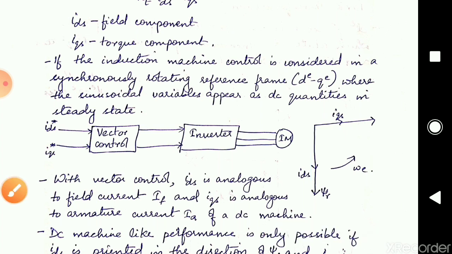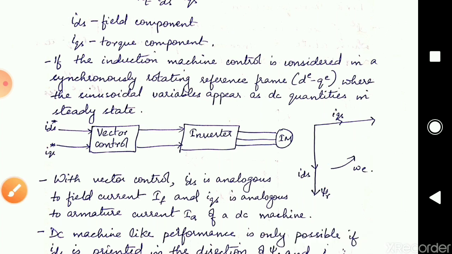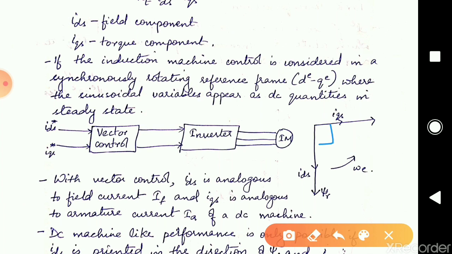Now, in order to know the reason for them to be 90 degrees apart, suppose you are resolving IQS into the IDS axis, that is, you are taking IDS as the reference. What is the angle difference between IDS and IQS? It is 90 degrees.